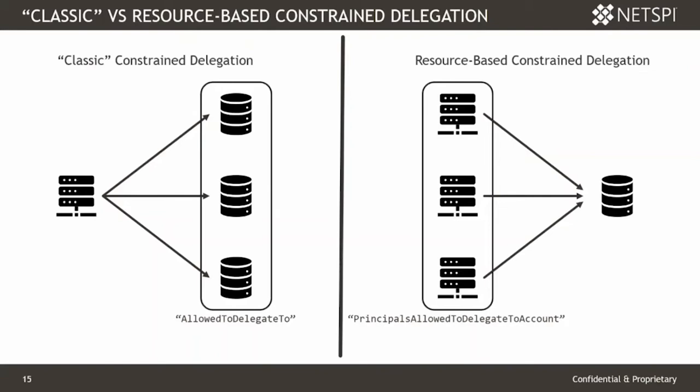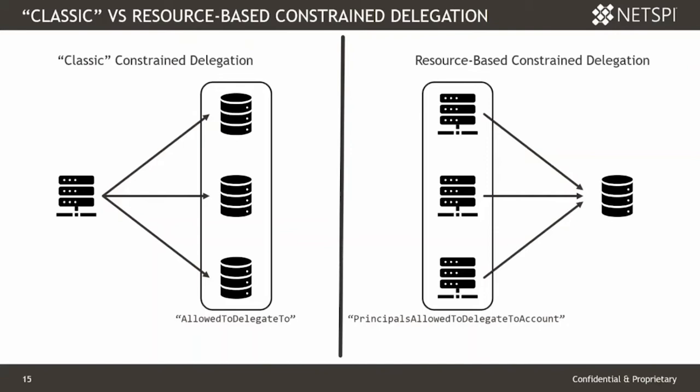Resource-based constrained delegation goes the other direction. So instead of configuring who service 1 is allowed to delegate to, we can configure which services service 2 will accept delegation from. So for example, with the resource-based constrained delegation, we could say, my service 2 database will only accept delegation from web app A and web app B and nobody else.